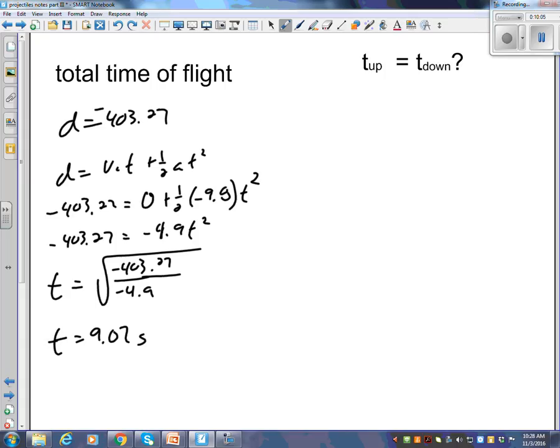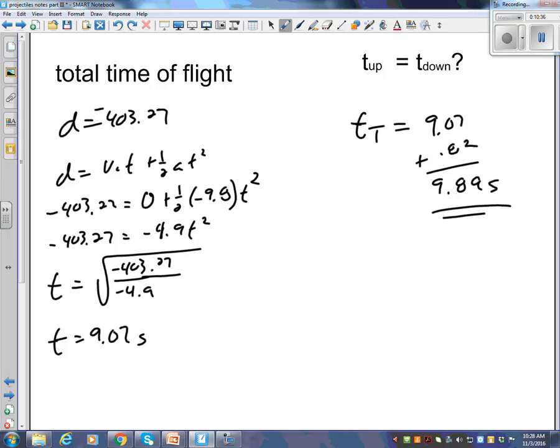We get 9.07 seconds, roughly. So the total time, big T, would be 9.07 plus, what was it, 0.82? 9.89 seconds. That's not that bad, is it?